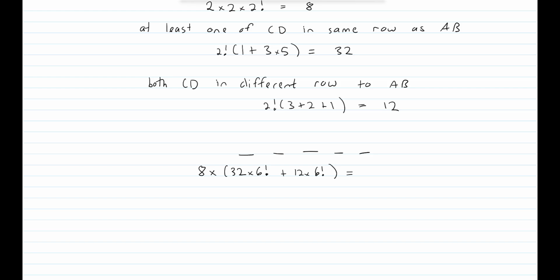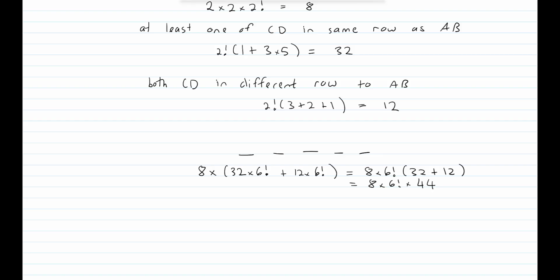So we can factor the 6 factorial out, so we get 8 times 6 factorial, and then 32 plus 12, which is 44.